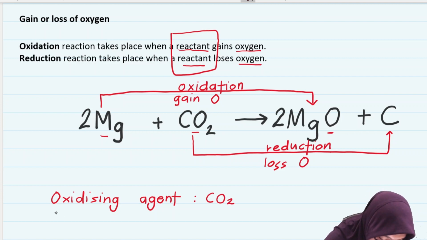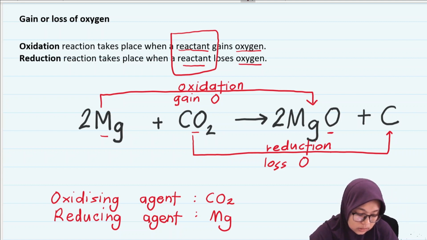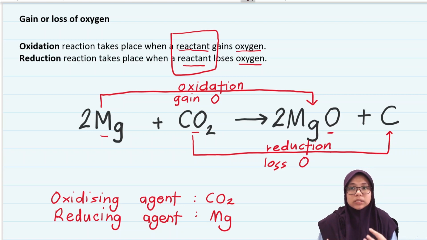Okay, and the reducing agent is magnesium. Okay, what does it mean by oxidizing agent and reducing agent? It is the substance that oxidize another substance, okay, and a substance that reduce another substance.